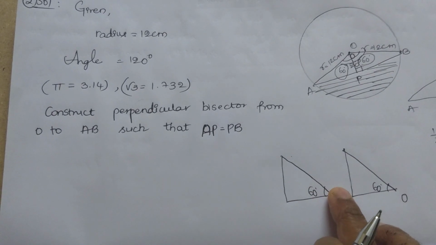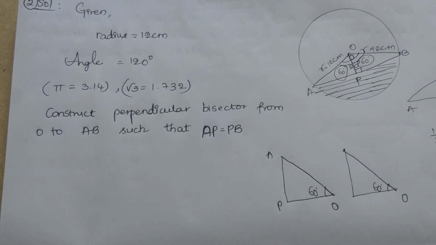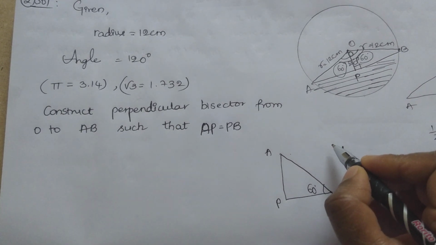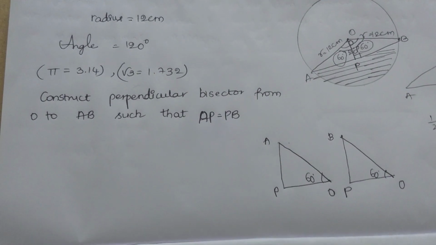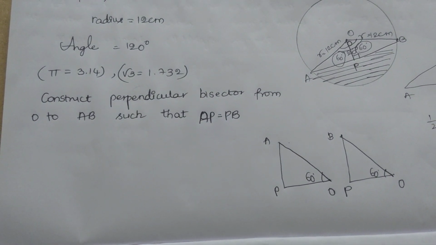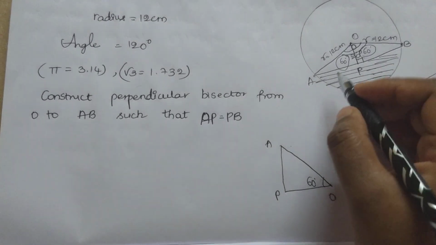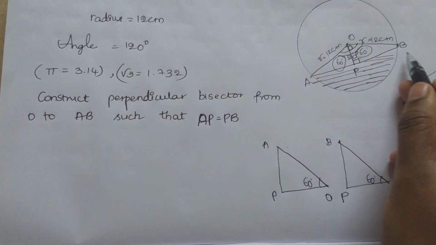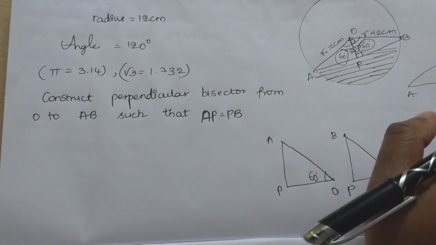This side becomes AP and the other becomes BP. AP equals BP, we know that, but we have to find the value of one of them.